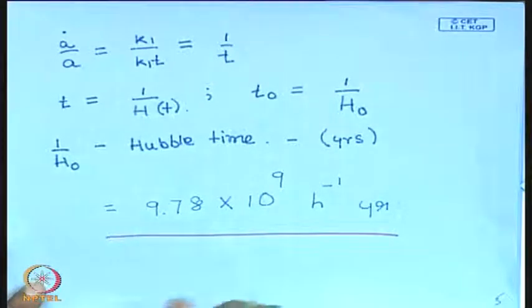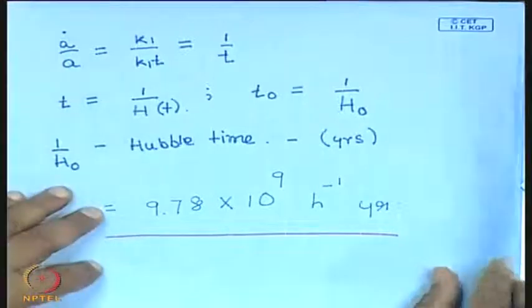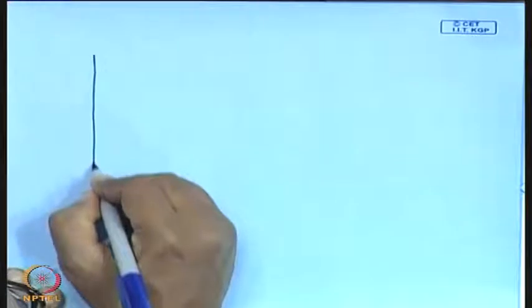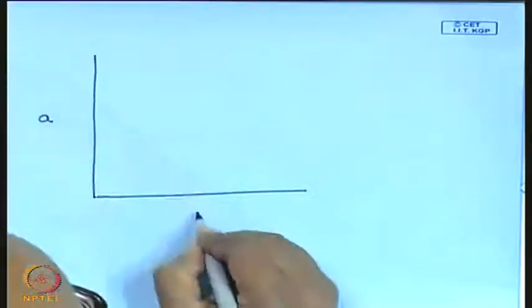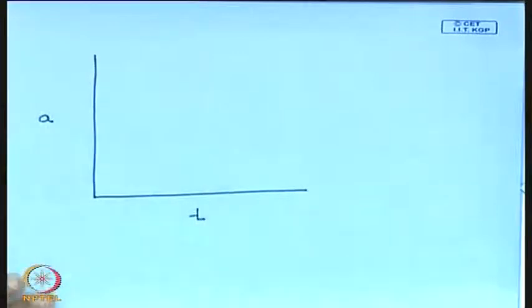So we have worked out two cosmological models already. We have worked out the solutions for two cosmological models. Let me draw these solutions schematically. The scale factor A as a function of time: the first solution that we worked out has linear expansion of the universe.